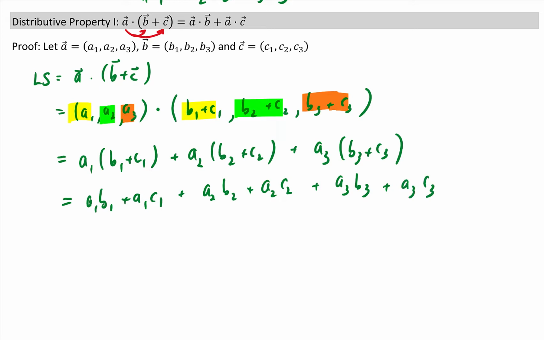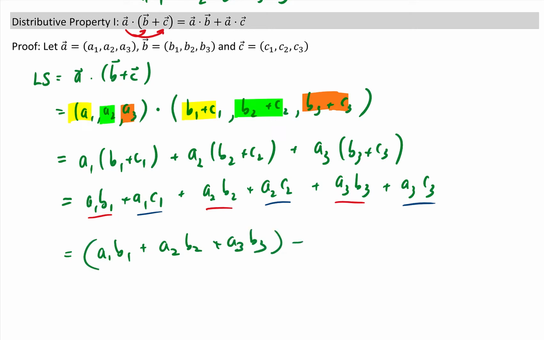Next, I'm going to group these into two different groups. So I'm going to take the A's and B's, and then I'm going to group the AC values. So what I have in my first grouping is A1B1 plus A2B2 plus A3B3. And then I have A1C1 plus A2C2 plus A3C3.